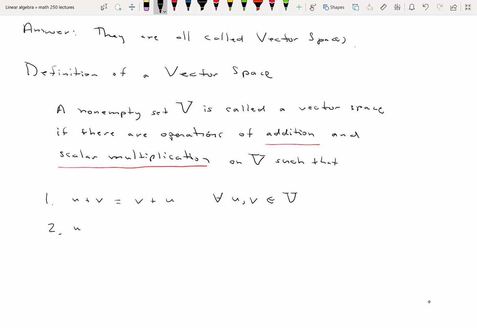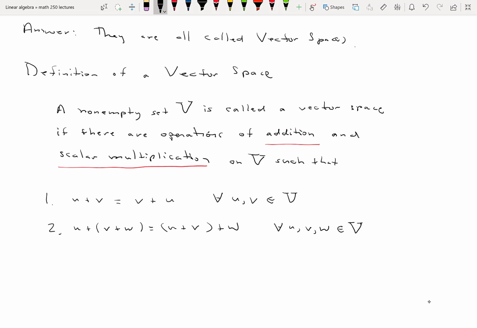Okay, so the next property, (u plus v) plus w equals u plus (v plus w) for all u, v, and w in the vector space. Okay, again, if this is obvious to you, you're in trouble.